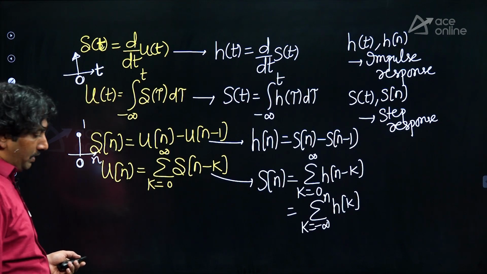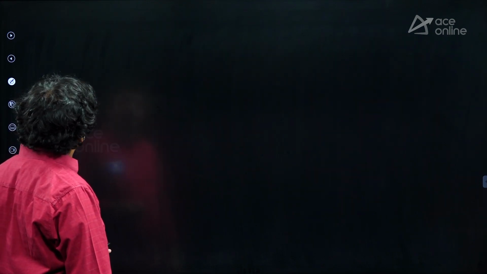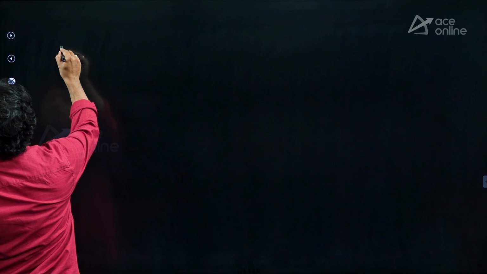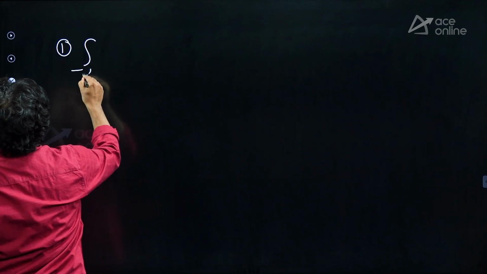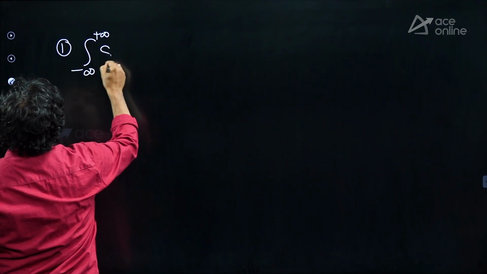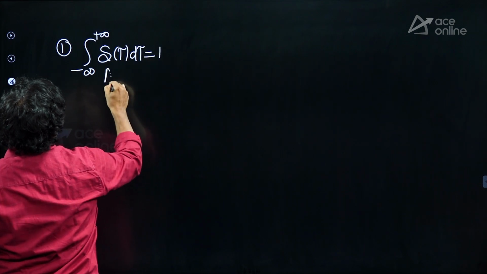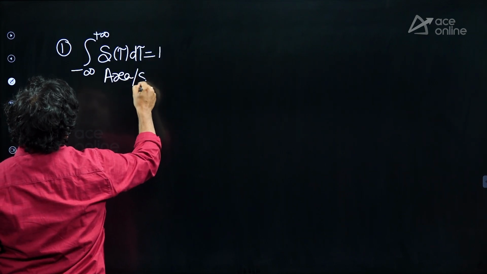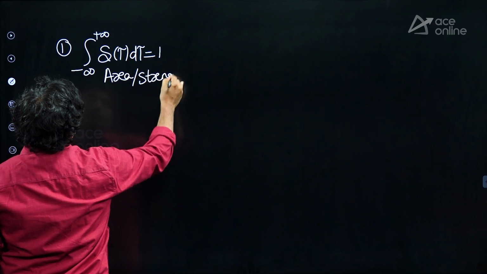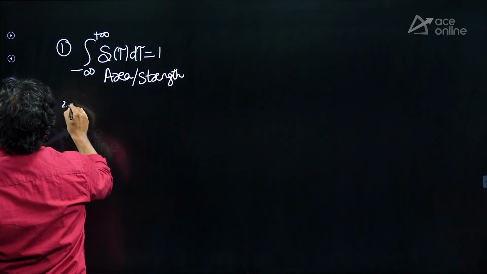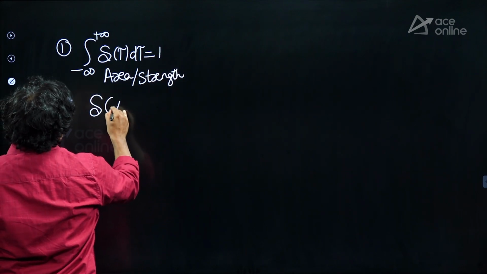The next observation we have to make is: what are the standard properties of the continuous impulse? One property: the area under the unit impulse function is 1, generally called the area or strength of the impulse. What about the scaling property of the impulse?